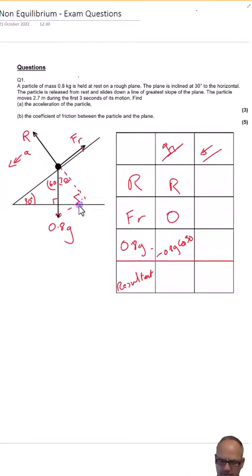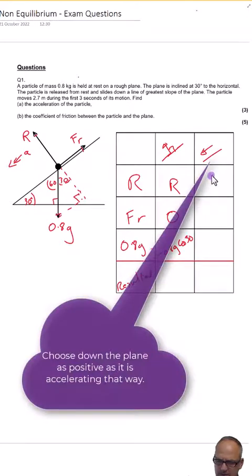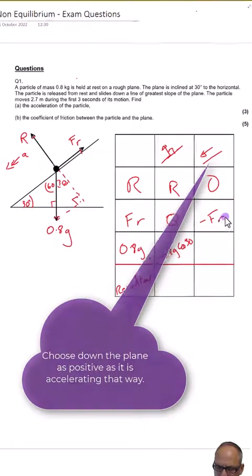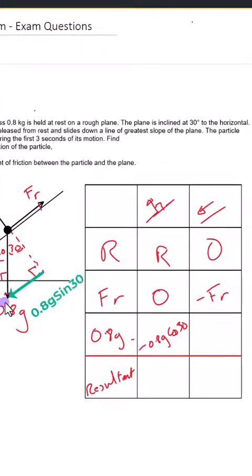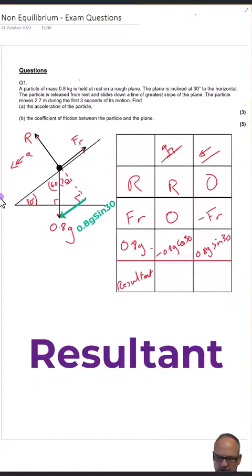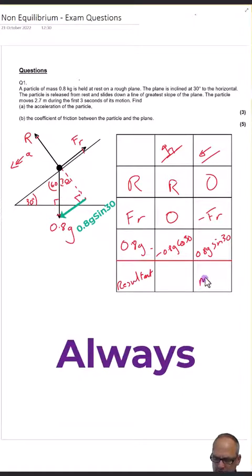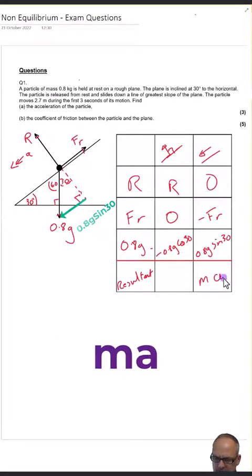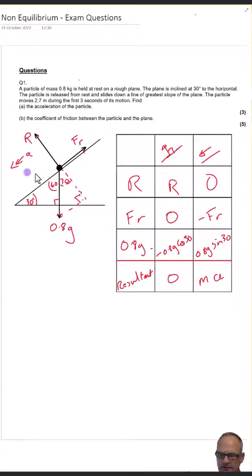Going parallel, we've got none of R, because none of that acts parallel. We've got minus the friction. We've got 0.8 g, and because it's the opposite side of the 30, it's going to be 0.8 g sin 30. And because the acceleration's this way, we're going to have a resultant equal to ma. The resultant perpendicular is 0, otherwise it would be leaving the plane, flying off it or going into the ground. And so that's our model.